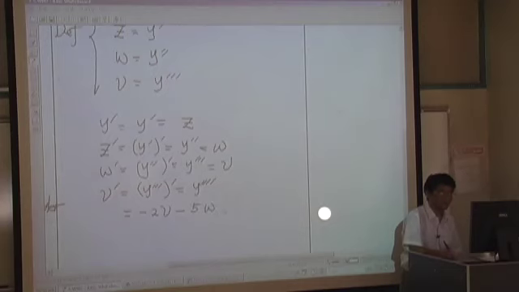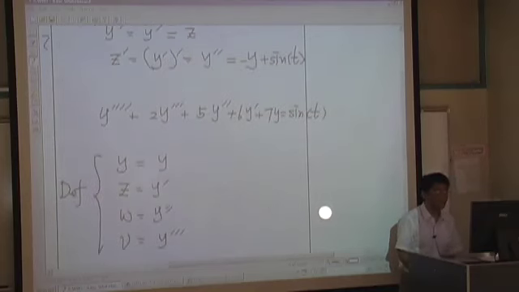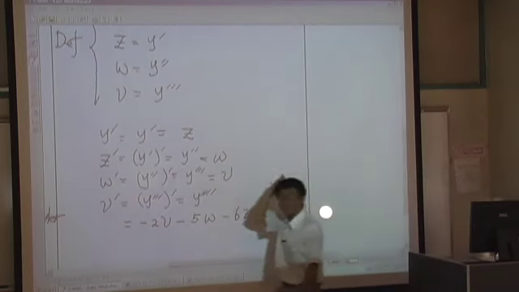And then minus what? And then what? Right? So we use these numbers, and then finally sin t. Done, right?